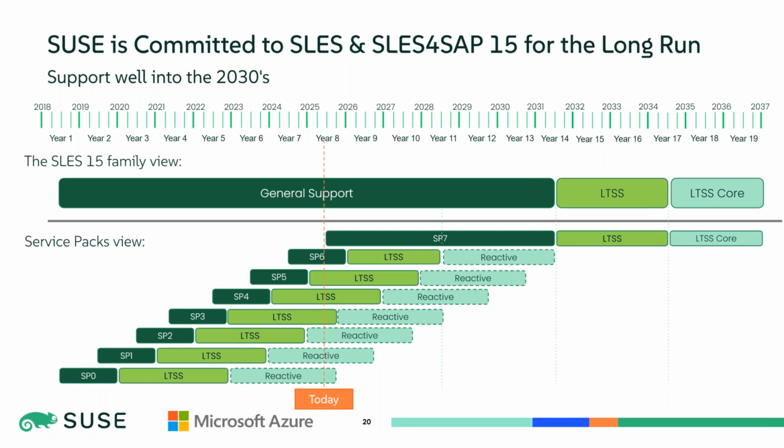So for customers new to 15, it means there is an extended runway to remain on it. This is a good reason why customers on 12 want to upgrade to 15, because after all the efforts, there's still a long runway to remain on.